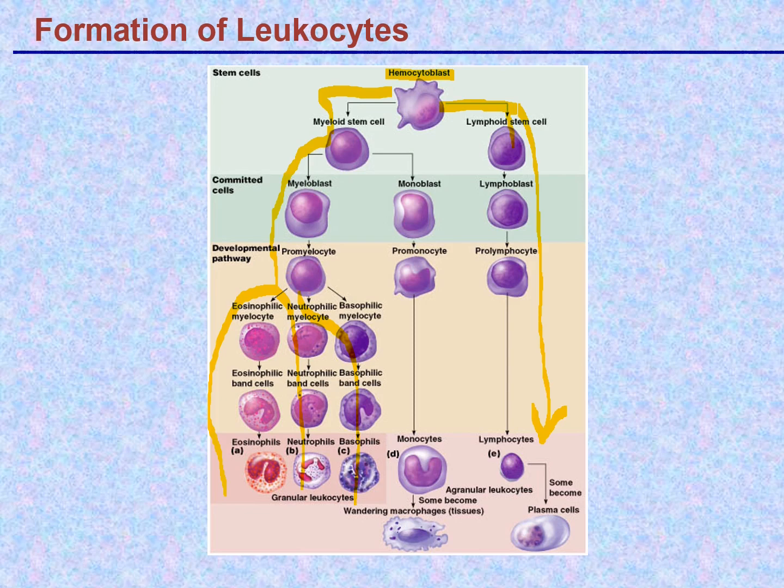And here you have the myeloid lineage that leads to macrophages and monocytes. So again, there's a myeloid lineage and there's a lymphoid lineage, and the myeloid lineage includes the macrophage monocyte production line and granulocyte production line. And the lymphoid lineage leads to T cell and B cell production. So this is leukopoiesis from the pluripotential stem cell, the hemocytoblast.